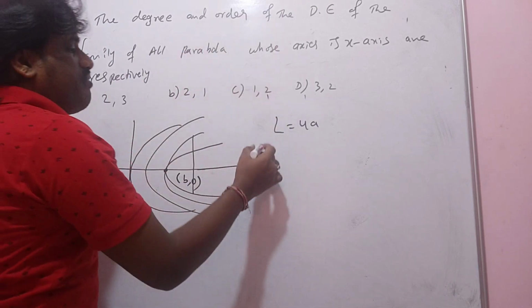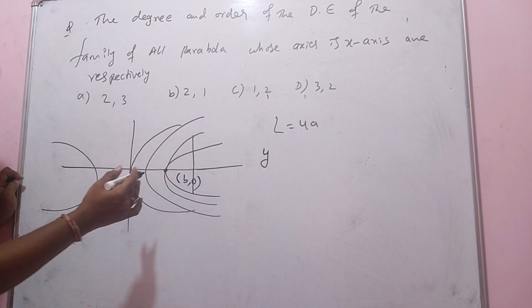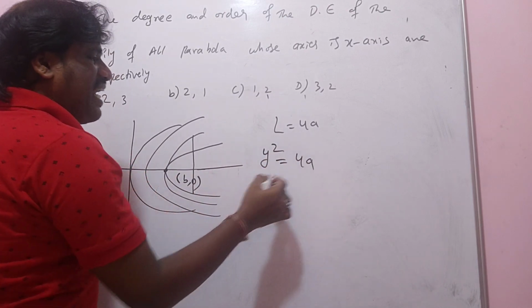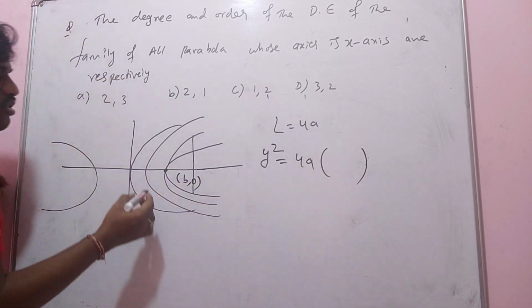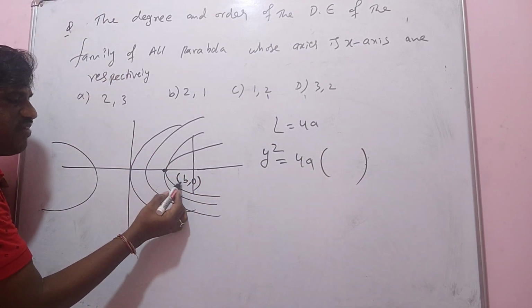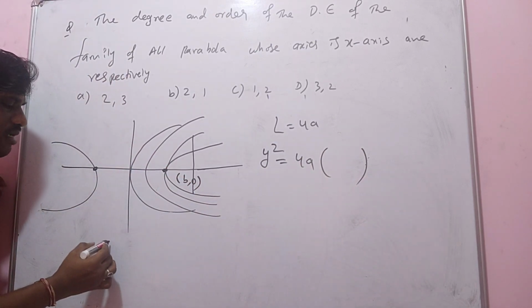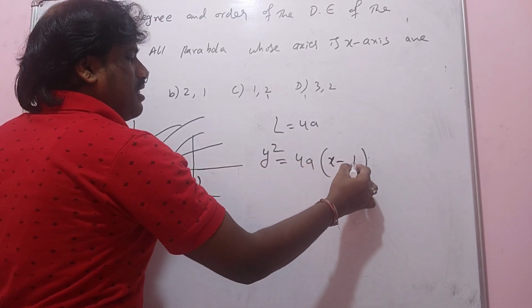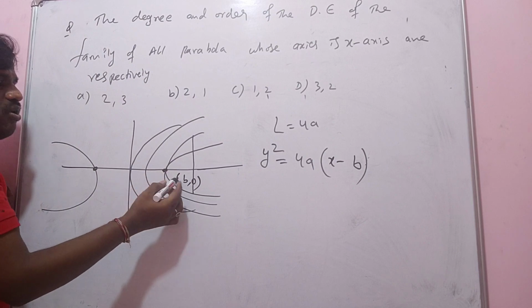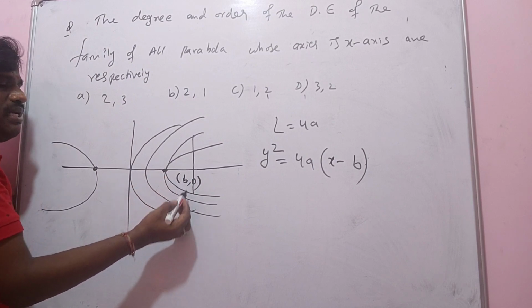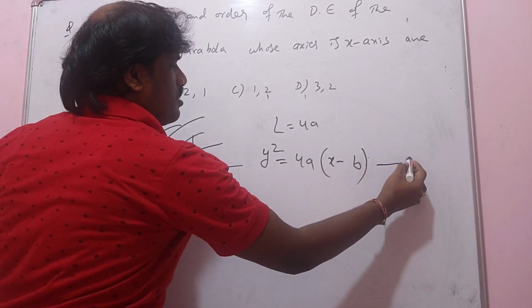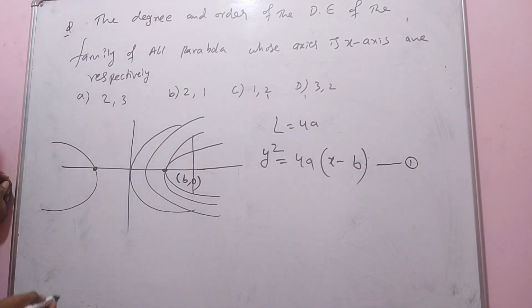So the equation of the parabola, as I explained in the previous question, is y square equal to 4ax, where the axis is the x-axis. If I take the vertex of the parabola as b comma 0, then the equation of the parabola is y square equal to 4a(x minus b).